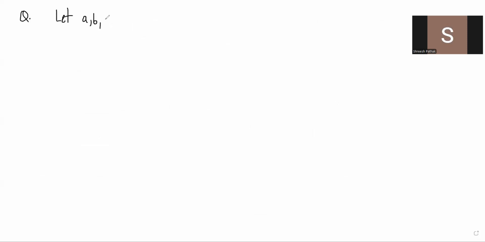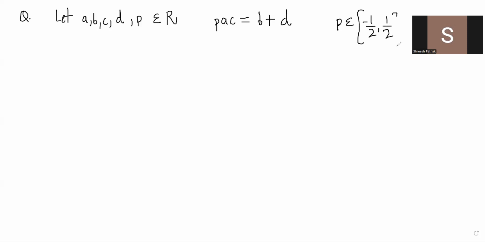Let a, b, c, d, and p belong to the reals such that p a c is equal to b plus d, and p belongs to minus half to half.